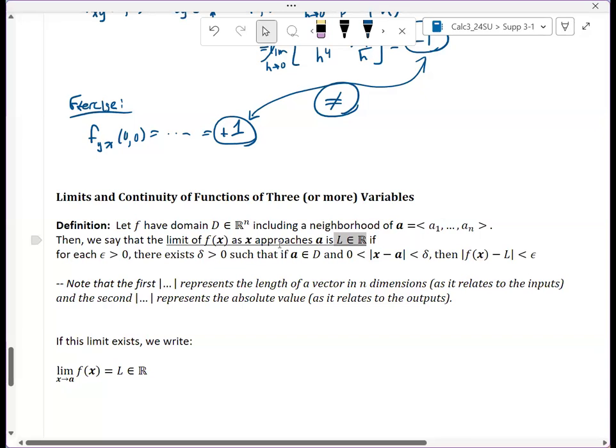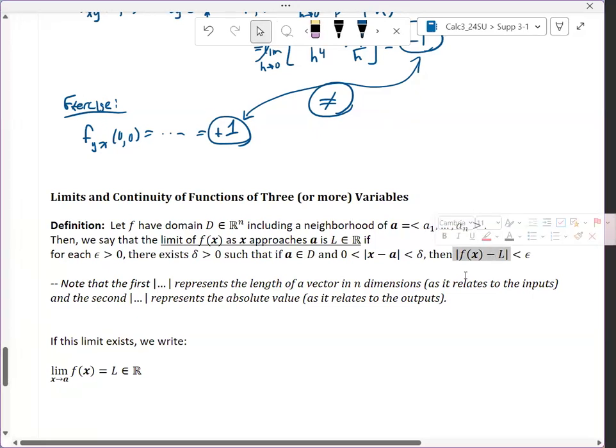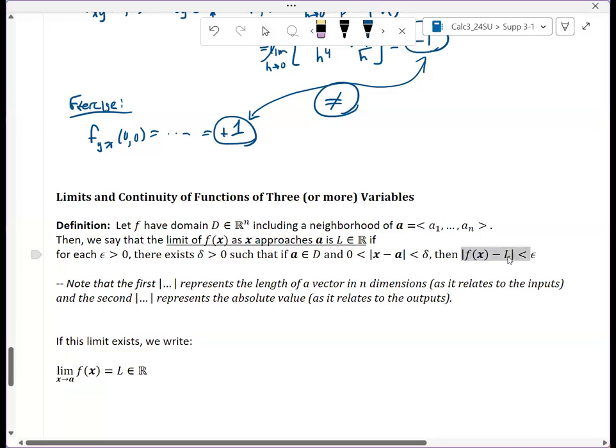We say the limit of f of x as x approaches a is L, a real number, if it's true that for each epsilon bigger than 0, there exists a delta bigger than 0, such that if vector x is in the domain of the function and the length of the vector x minus a is strictly between 0 and delta, then the absolute value of f of x minus L, the real output of the function f for the input vector x minus the real number L, the claimed limit, is less than epsilon.